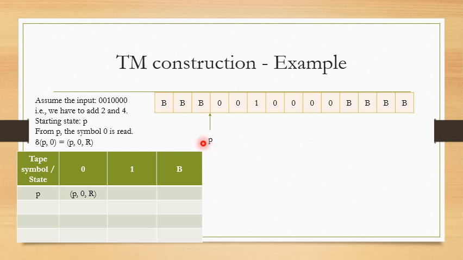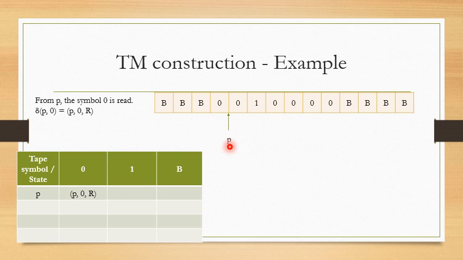From state P, I am reading a 0. For all the zeros I read, I just stay in state P and move to the right. So from P reading 0, the 0 stays the same, and I move to the right. I am placing the transition in the transition table as well. Again from P I read 0 and just move to the right, the same transition.